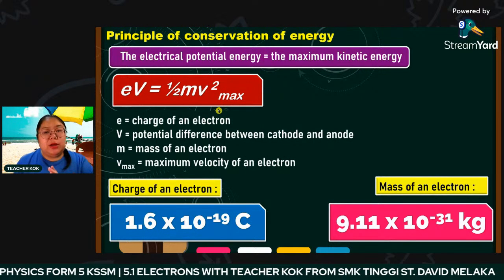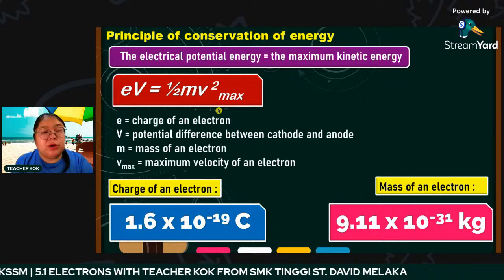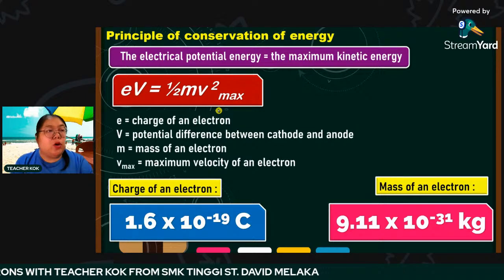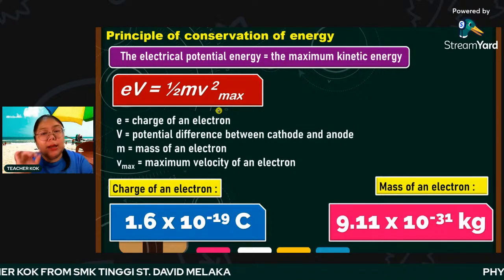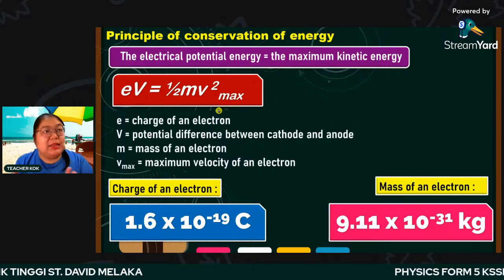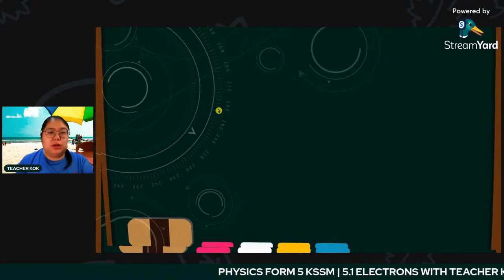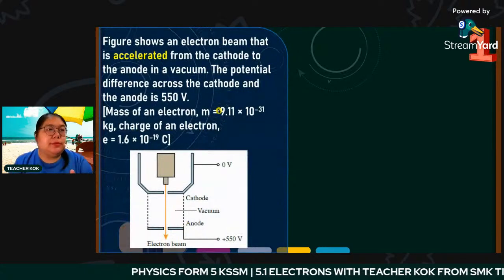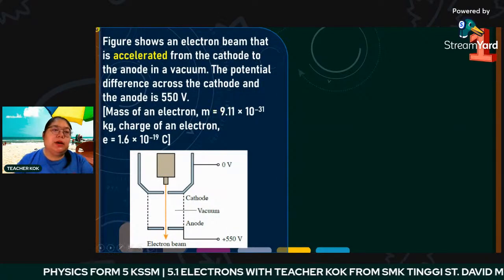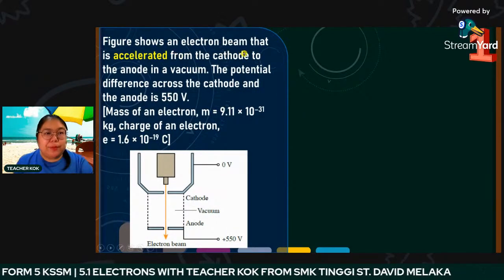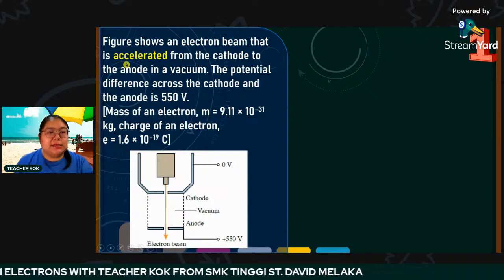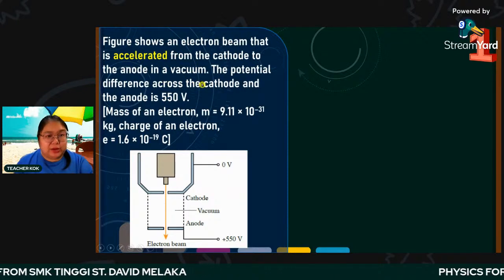So from here, we don't waste time. You go straight through the question, and you also need to prepare the calculator. I want to see your answer in the chat room. So we go to the first question. Now the figure shows an electron beam accelerating from the cathode to the anode in a vacuum.